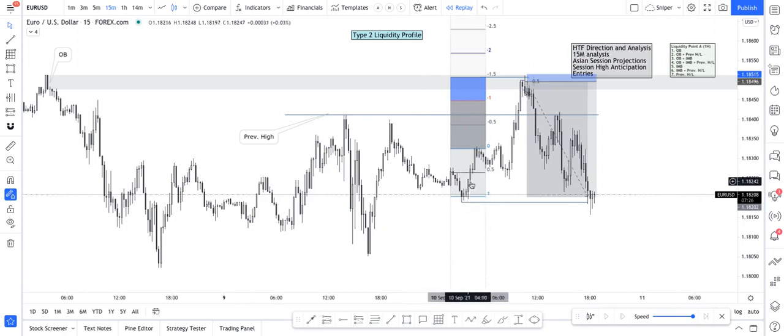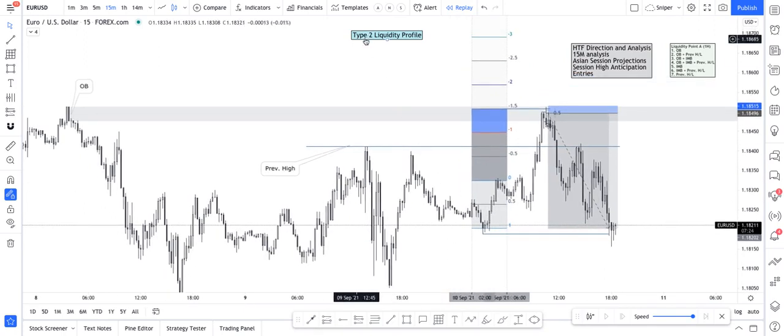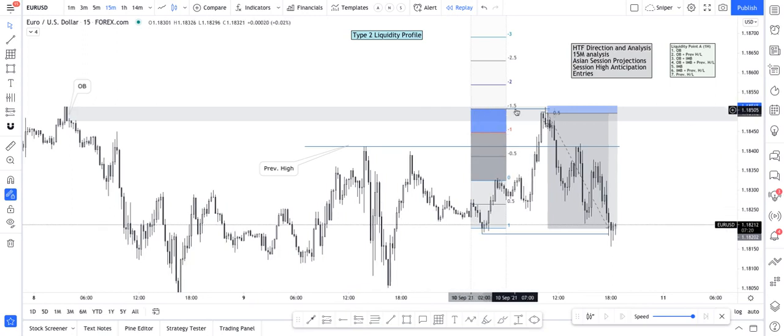This projection only works when we have one of these profiles. So you can't just be placing this profile and randomly entering at one of those levels. You can't do that. You have to couple it with the lower time frame patterns and confirmations, because you can see there's 0.5 and you could have said, okay, but there's an order block.